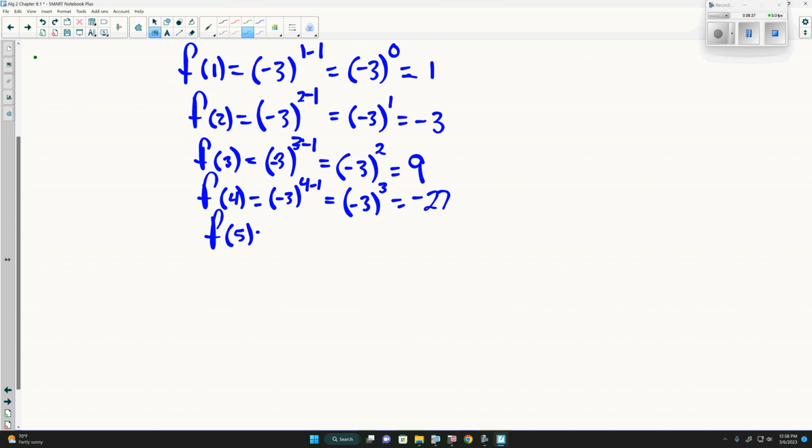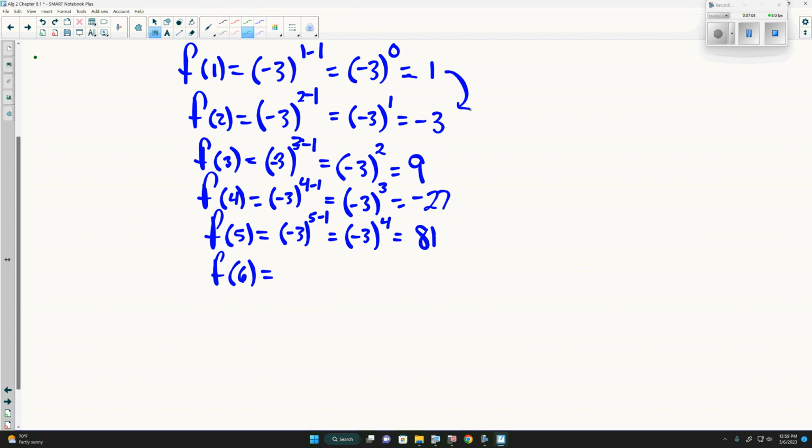F of 5 would be negative 3 to the 5 minus 1, which is the same as negative 3 to the fourth, because what are we doing from one term to the next?